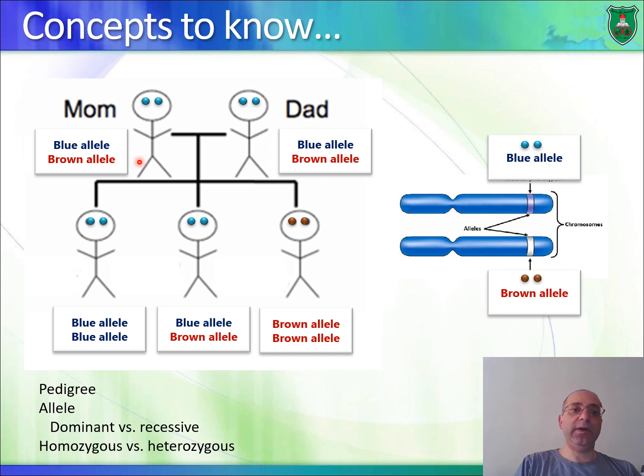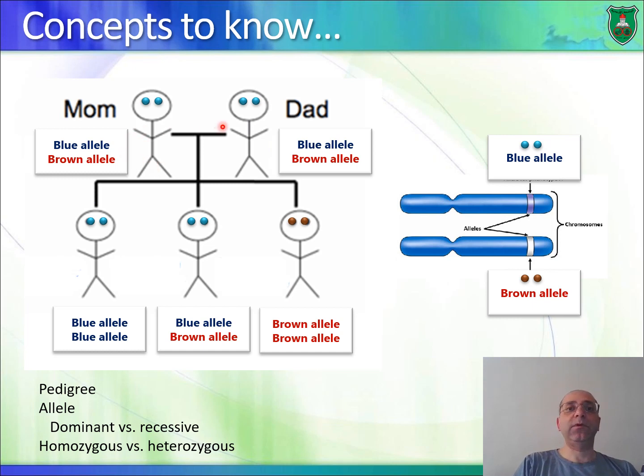A genotype is the genetic composition of a person. A phenotype is the visual appearance, characteristic, or feature that an individual possesses or has.